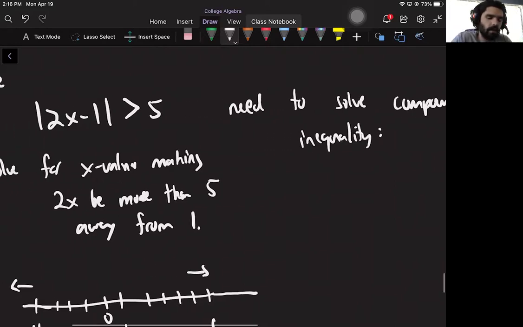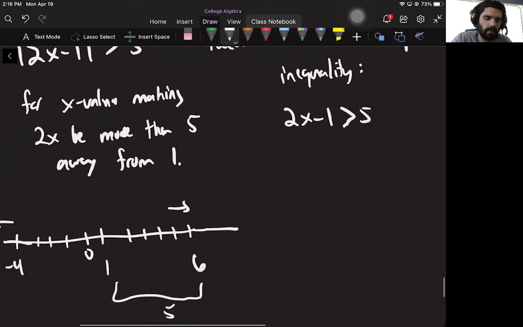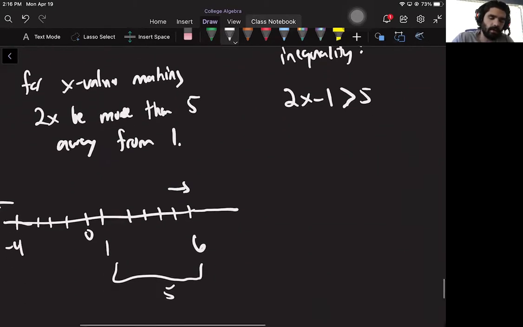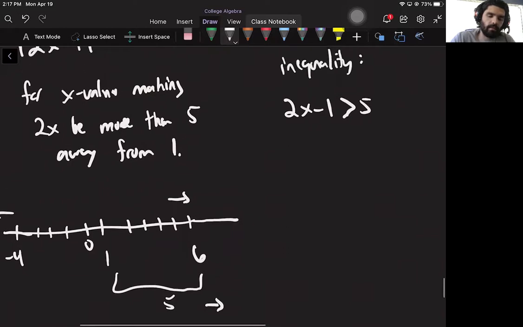So the compound inequality is, well, I can have 2x minus 1 be bigger than 5. So any x values that do that are good. And so those are the x values that make 2x be beyond 6 here, which will happen when I add 1 to both sides.